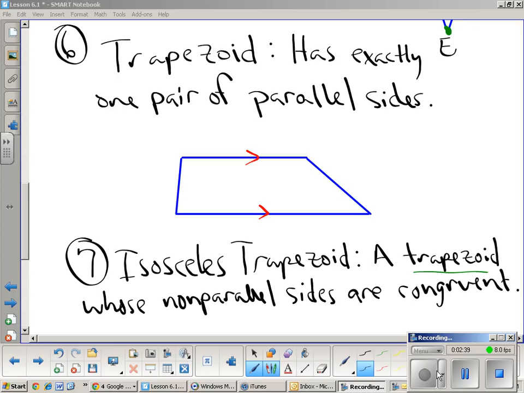We're going to talk about some special properties of isosceles trapezoids, maybe by Christmas break, but I'm going to probably say after Christmas break, because just like an isosceles triangle has some special properties, an isosceles trapezoid has some special properties which we can apply. Highly likely we won't get to it till after Christmas, but we'll see.